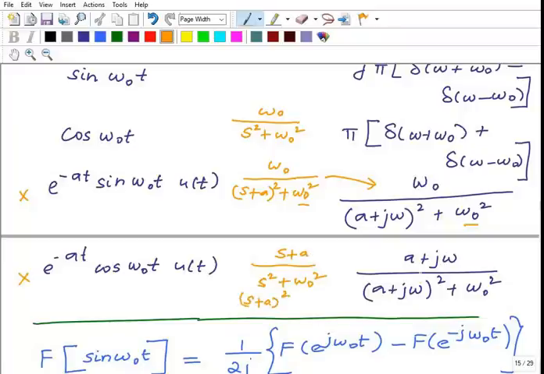Then you substitute s equal to j omega, you will get a plus j omega the whole square plus omega naught square. Same equation. Okay? Shall we go for the next one?